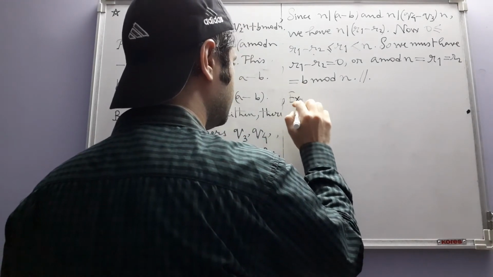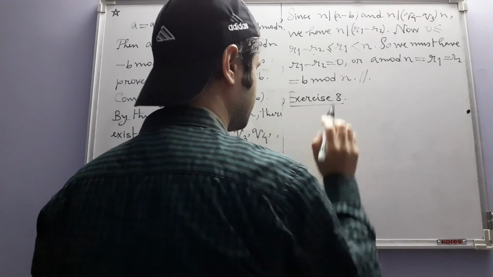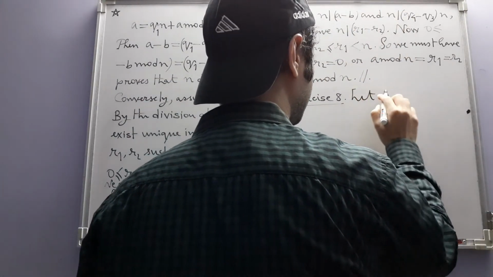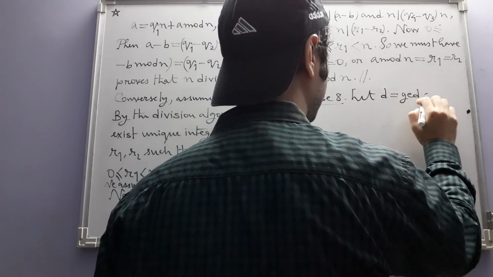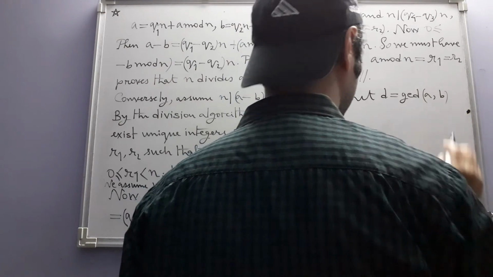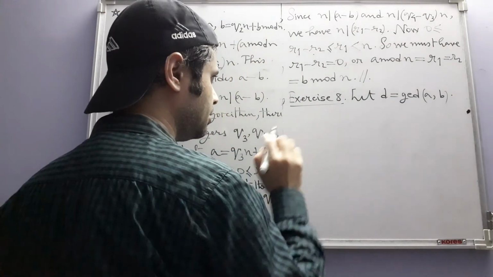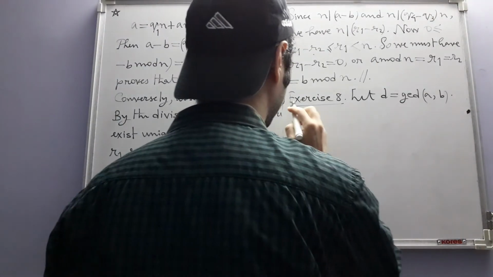Exercise 8. Let d denote the GCD of two non-zero integers a and b. So we know that the GCD divides both a and b, a common divisor after all.